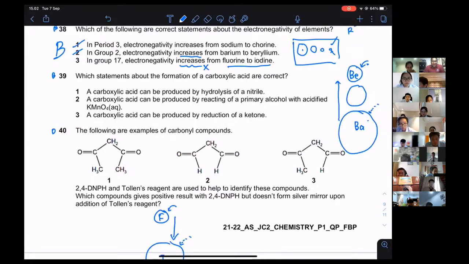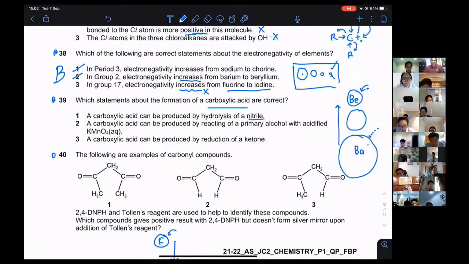Which statements about the formation of carboxylic acid are correct? Now this one, you need to understand how you get carboxylic acid. One of the important ways to get carboxylic acid is by using nitrile. They say it can be produced by hydrolysis of nitrile. Is that correct? The hydrolysis they meant is by using HCl under aqueous condition, plus H2O.